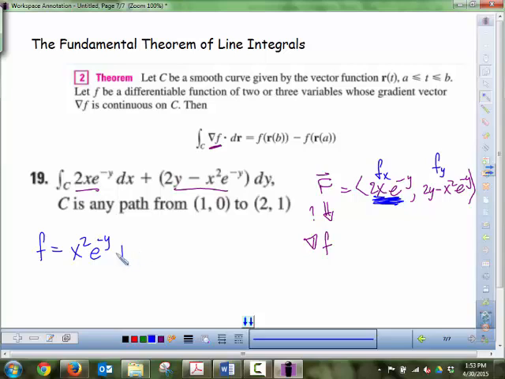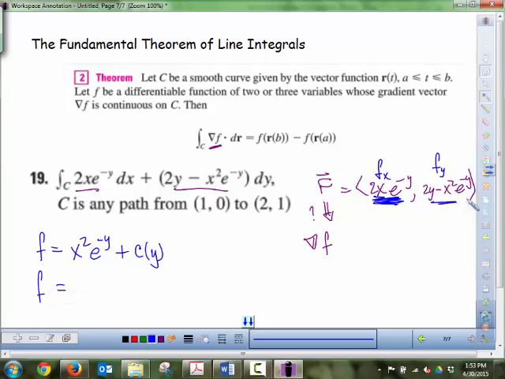What if there was a constant here? Since we took the derivative with respect to x, anything with a y in it would have gone away. So maybe I have a constant, but maybe I have a function here with a y in it. So that's my first stab at my function f.